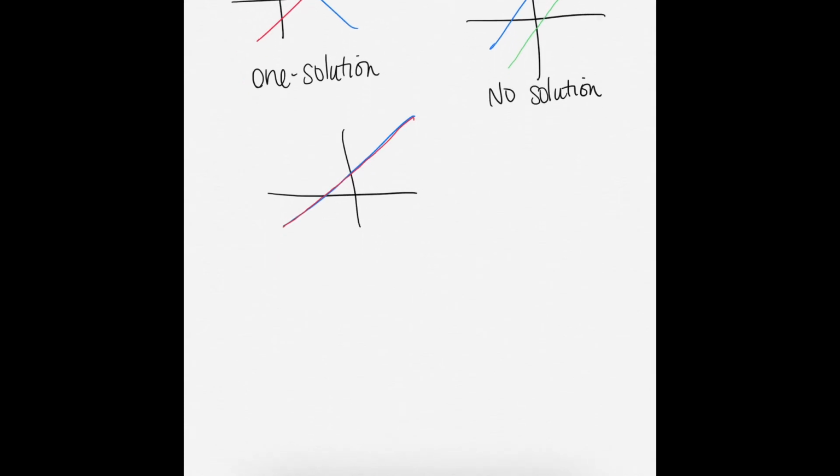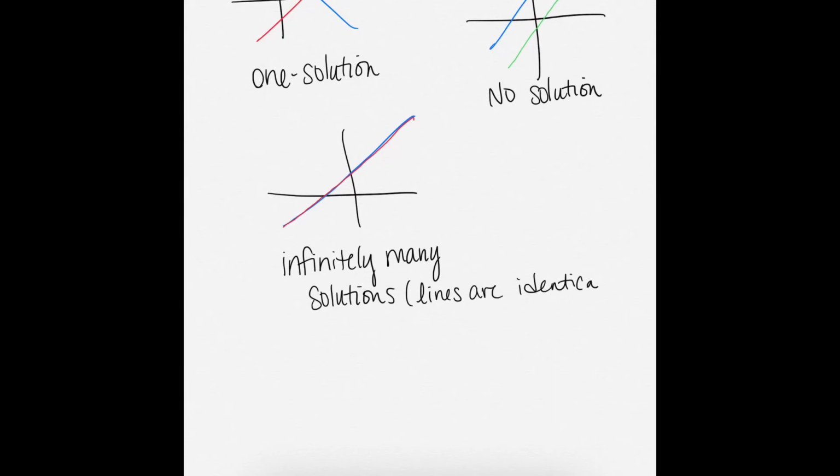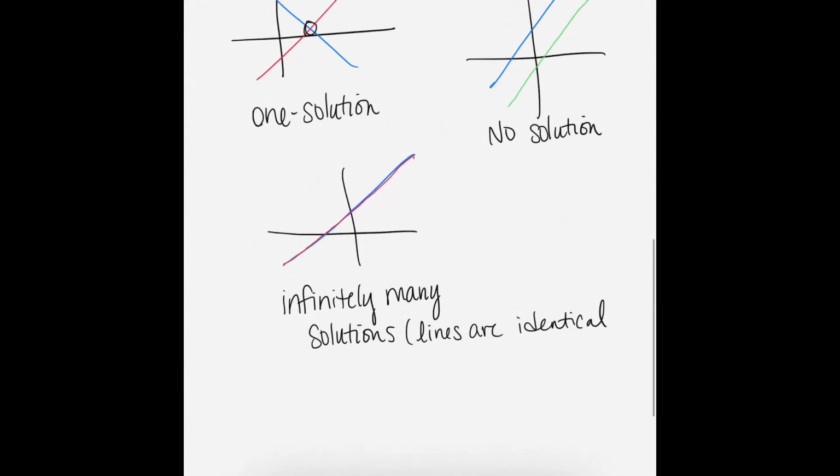But you may not see that at first when you're working them. So if they are on top of each other, they have infinitely many solutions. That means that the lines are identical. So that's graphically what that means.